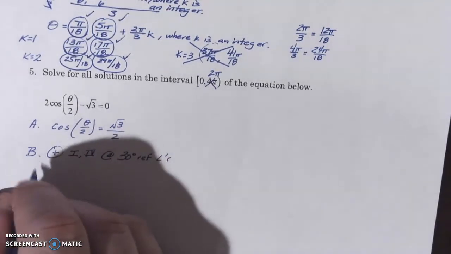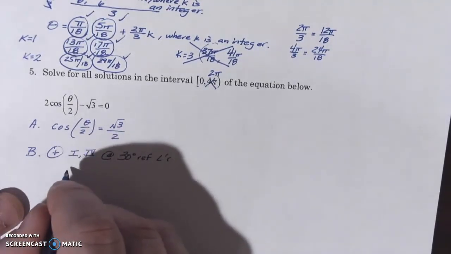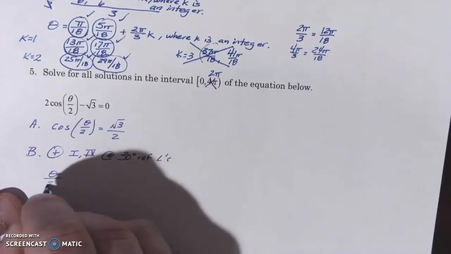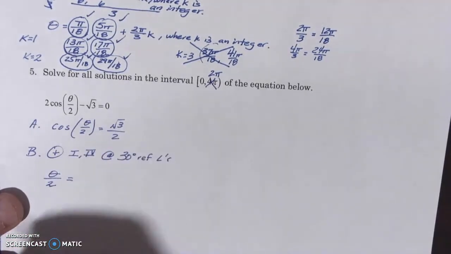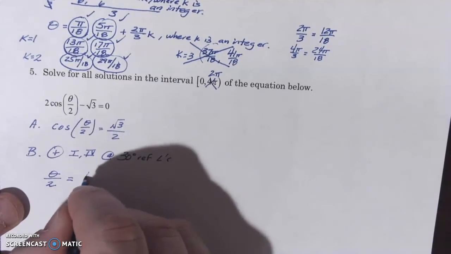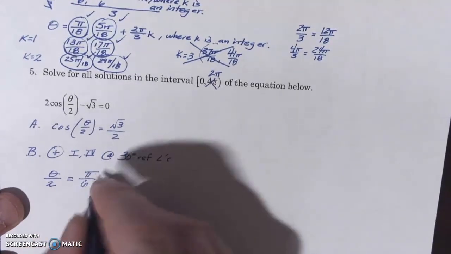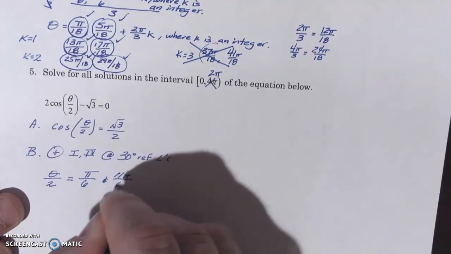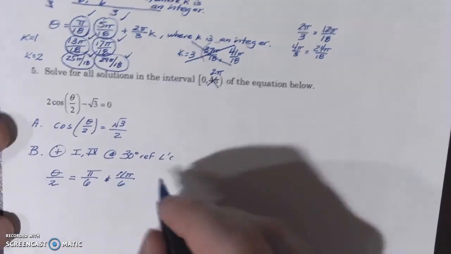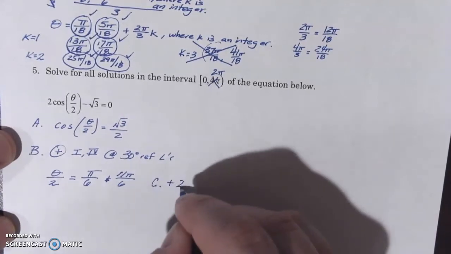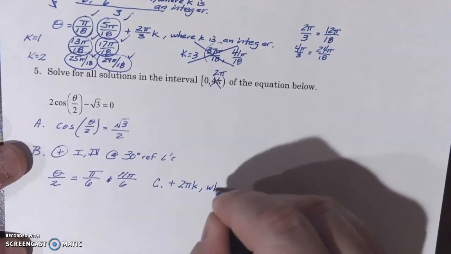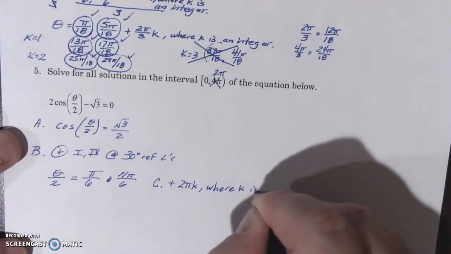So our angles, our solutions, would be theta over 2 is going to equal pi over 6 and 11 pi over 6. Okay, and then part C, we're going to add in that plus 2 pi k, where k is an integer.